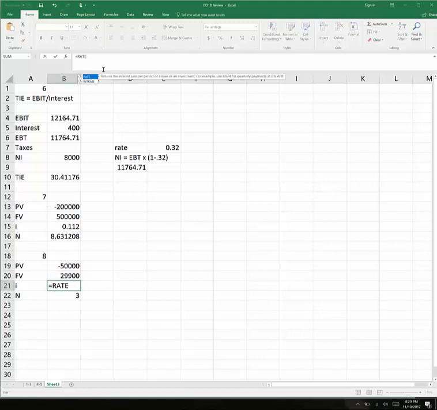Let's try again. So rate, number of periods, payment is 0. Present value is minus 50. Future value is 29.9. So we get the minus 16%.